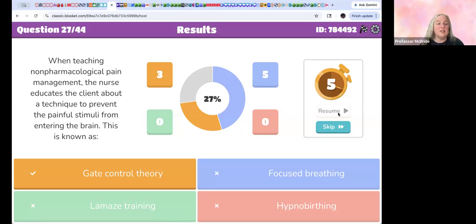Focused breathing is also a way to help with pain management. Focused breathing is really important to help them manage getting through their contractions.